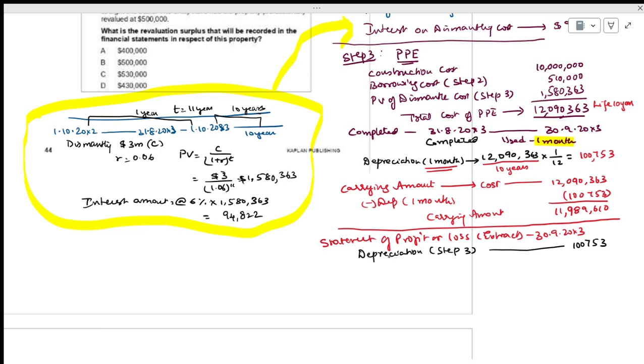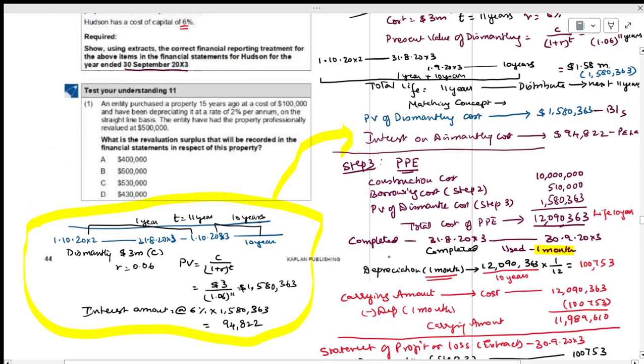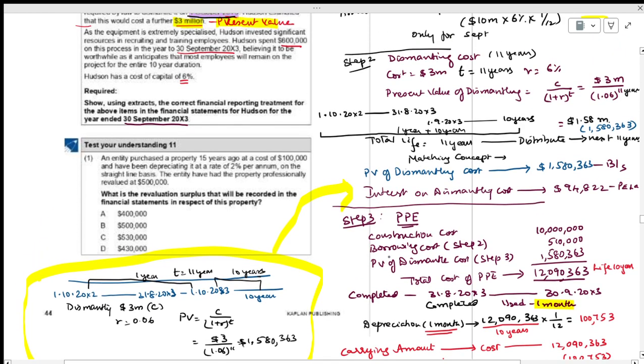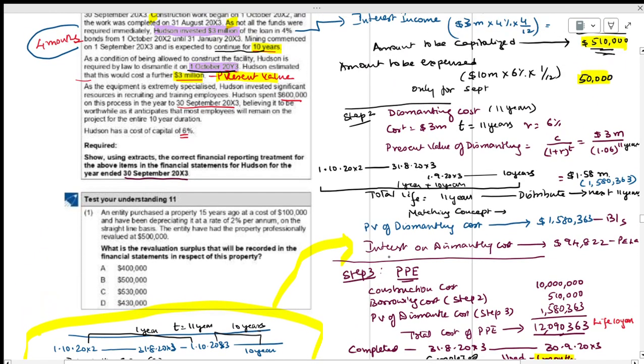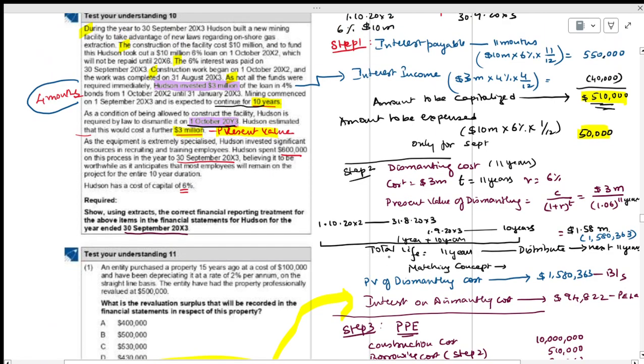Fine. Now we have finance cost. How much have we calculated as interest or finance cost? 510. We calculated it in step 1 and also in step 2. This is the profit and loss account.